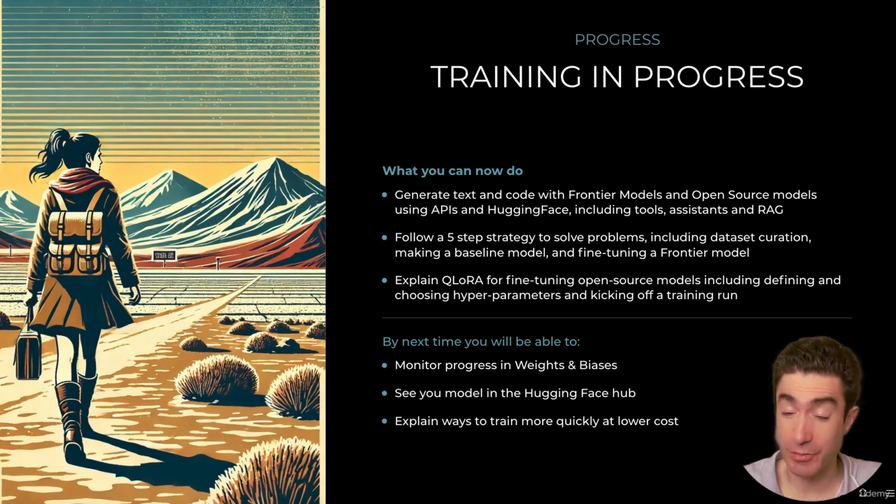But you do need absolutely to take a moment to congratulate yourself on where you've got to. You have a training run happening, I do hope, right now. While I speak, it is running. And you are in a position now that you can explain QLoRA pretty well for fine-tuning open source models. You're so fed up with me talking about target modules, I'm sure.